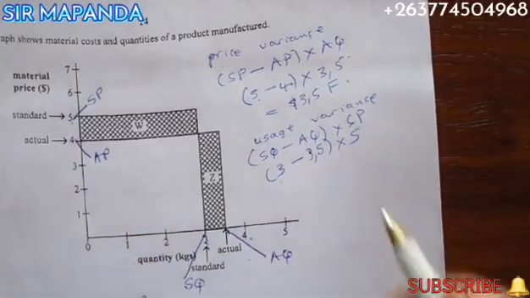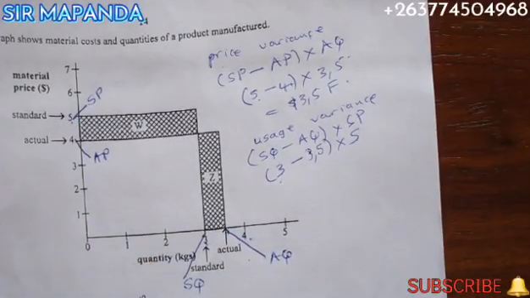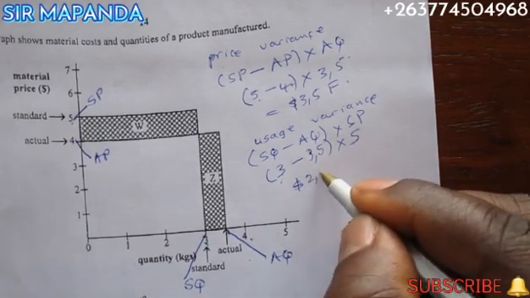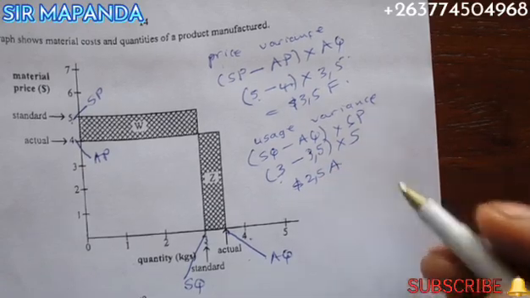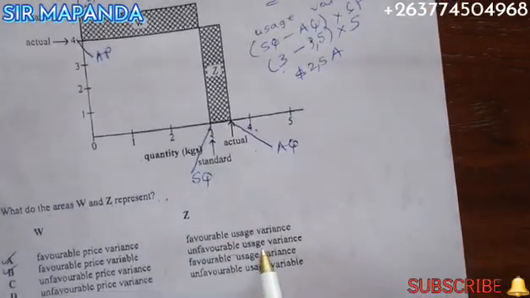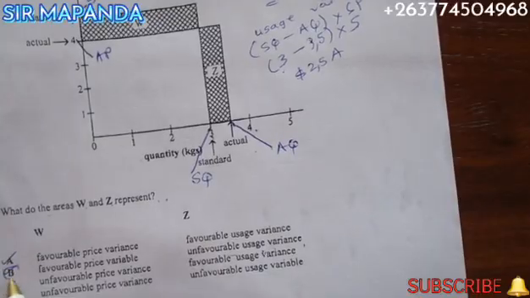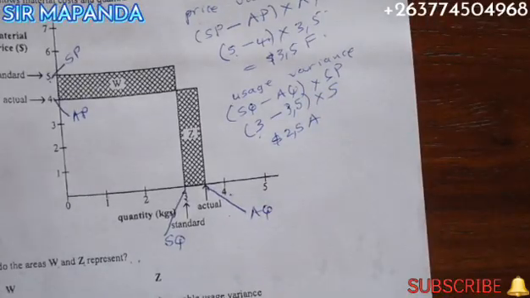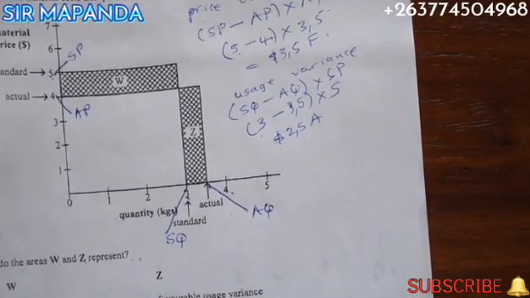So 3.5 from 3, you get negative 0.5. Multiply this with 5, you get negative 2.5, which is 2.5 adverse. So this is unfavorable usage. So my answer is B, with favorable price of 3.5 and unfavorable usage of 2.5 adverse.